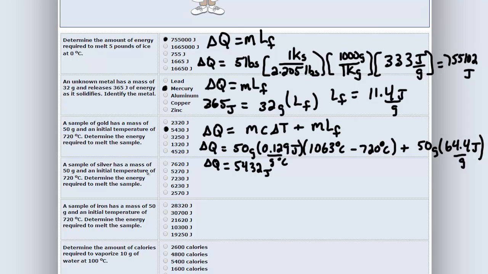A sample of silver has a mass of 50 grams and an initial temperature of 720 degrees Celsius. Determine the energy required to melt the sample. Okay, it's the same problem, but we're going to do it with silver this time.